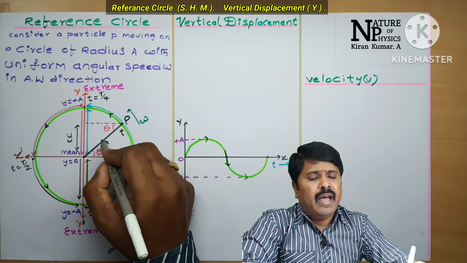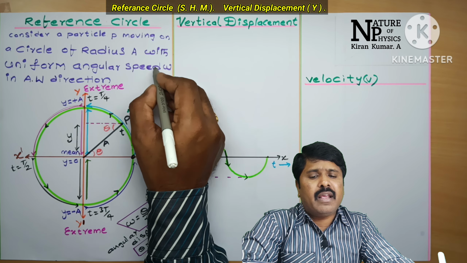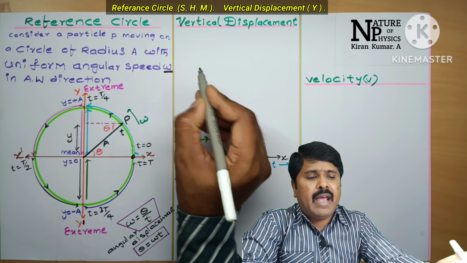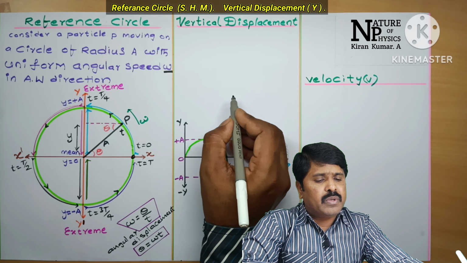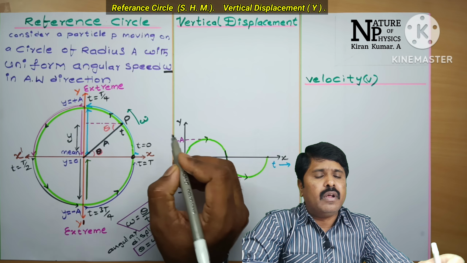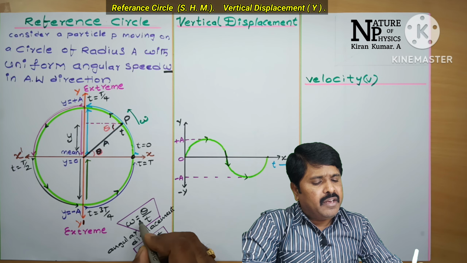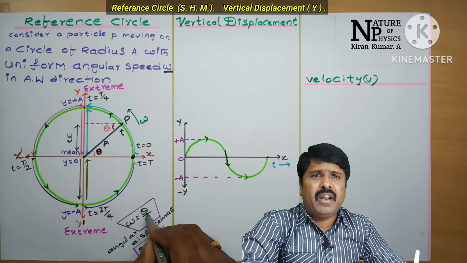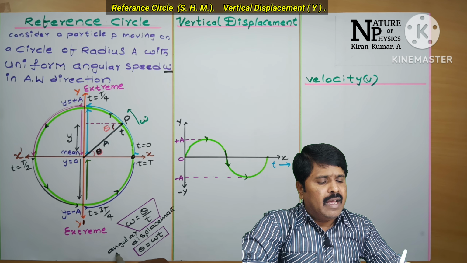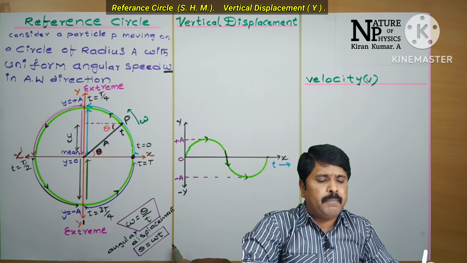Here a is the radius of the reference circle and the particle is moving with uniform angular speed omega, so it makes an angle theta at the mean position, since opposite angles are the same. So omega, the angular velocity, is equal to theta by t, and the angular displacement theta is equal to omega t.